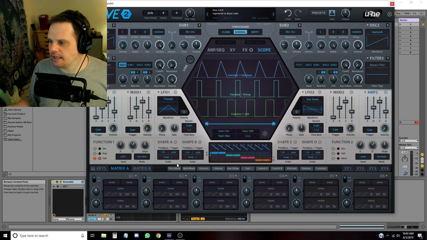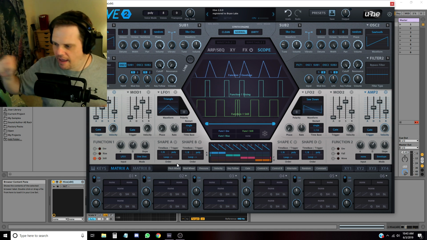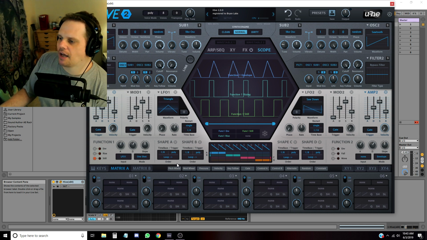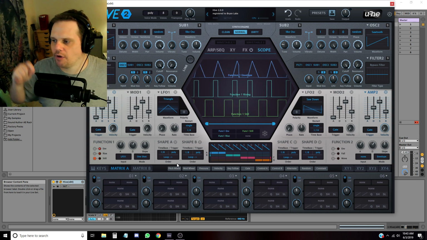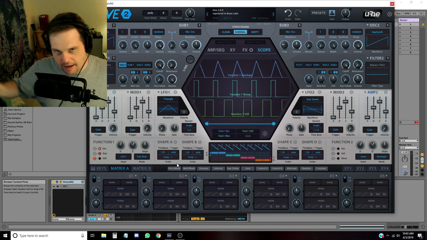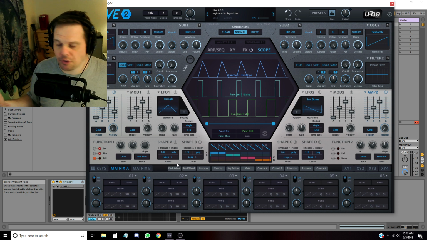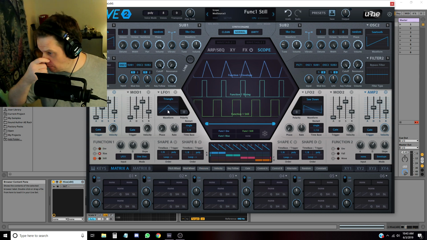And if the attack phase happens after the reset of the LFO, then it'll actually just wait for the LFO to trigger the attack phase. And so this is a way of actually getting a slower rhythm than you would actually get out of your LFO.